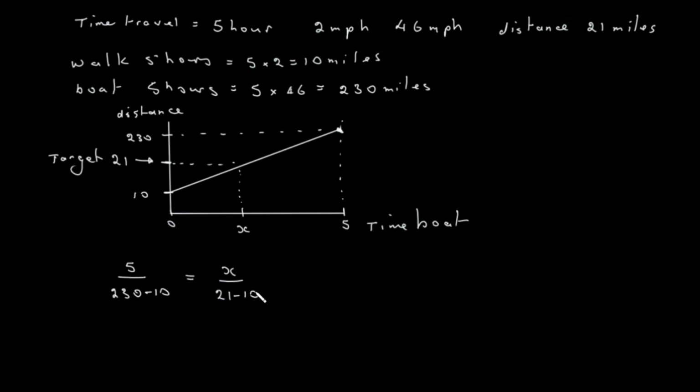Now if you work this out, we get 5 over, take 10 off, that's 220, equals x over 21 minus 10 is 11. So from this, x is equal to 11 times 5 all over 220.